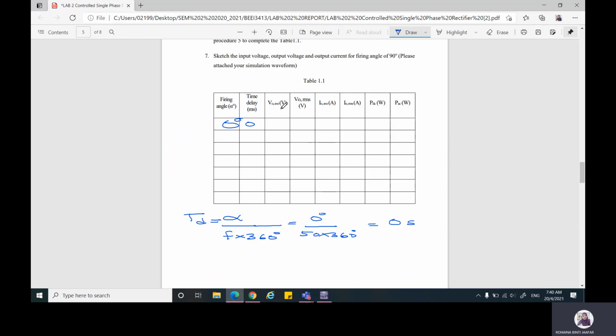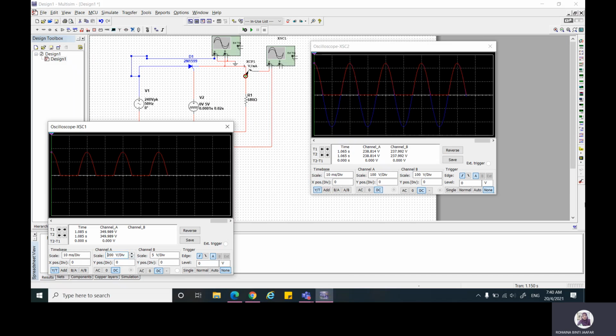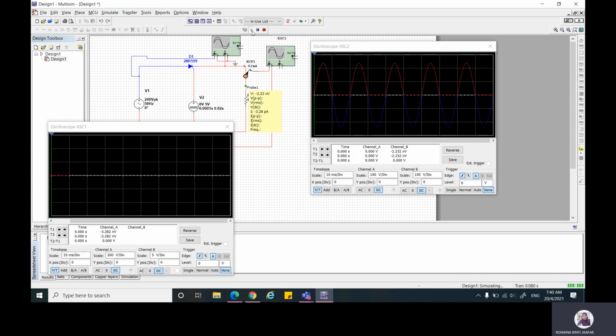Okay, next you have to record all the value here. So V output average, V output RMS, I output average, and I output RMS. So how to get this one? This one also you can use this measuring probe. Okay.